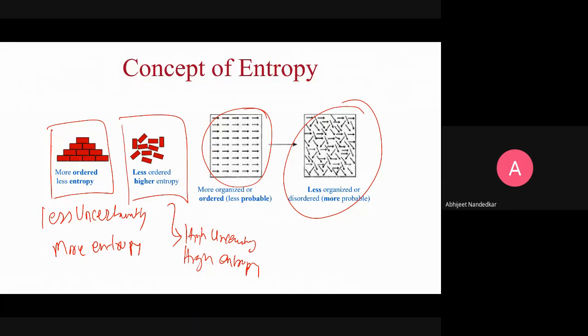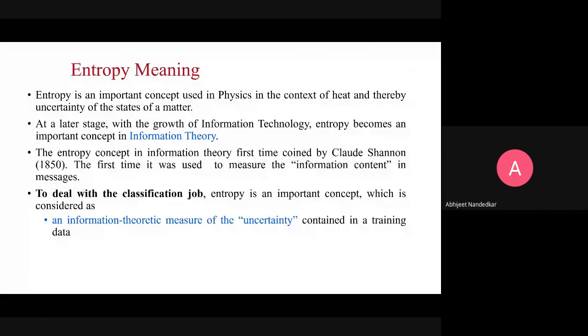Entropy is an important concept used in physics in the context of heat and thereby the uncertainty of the states of matter. But later, with the growth of information technology, entropy became an important concept in information theory.